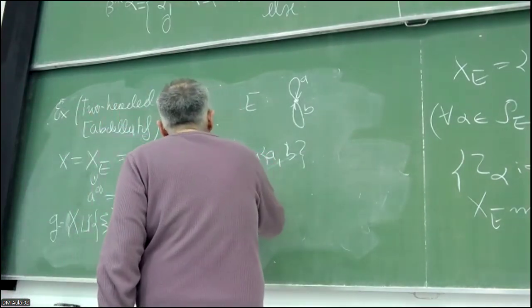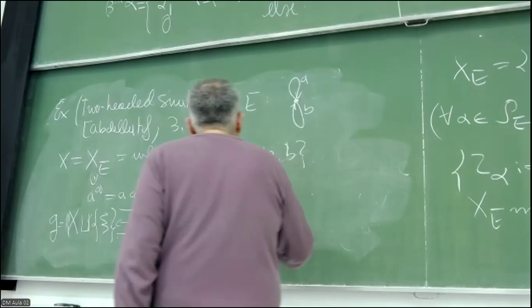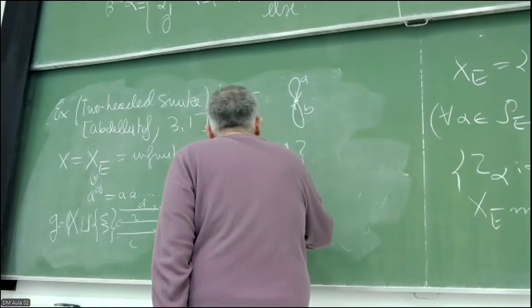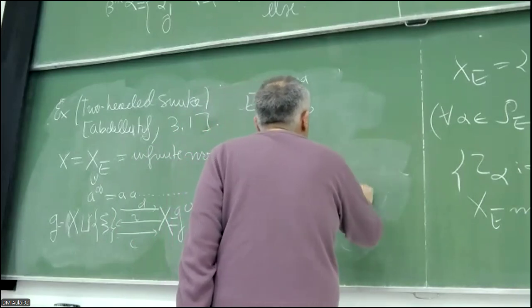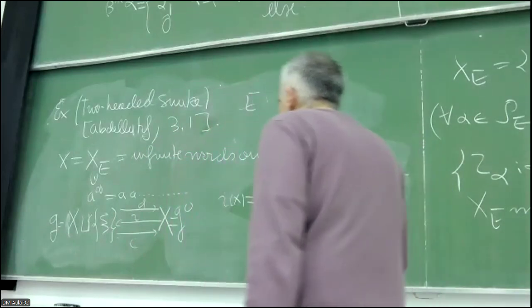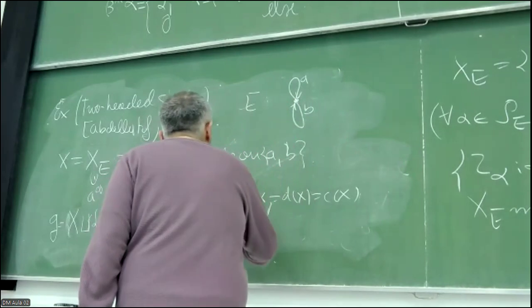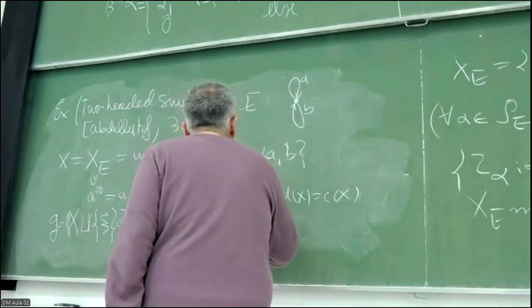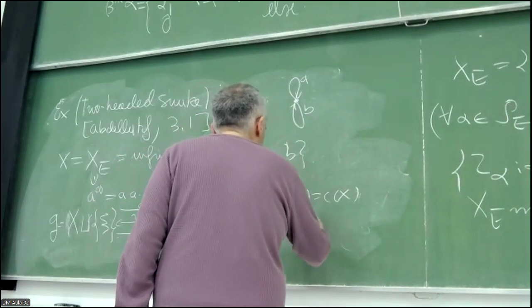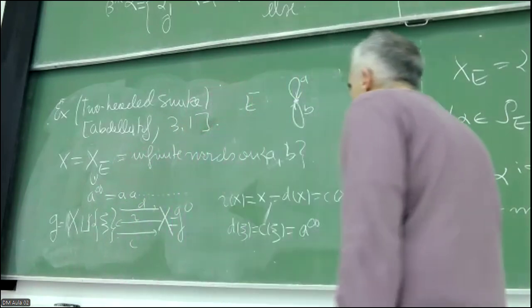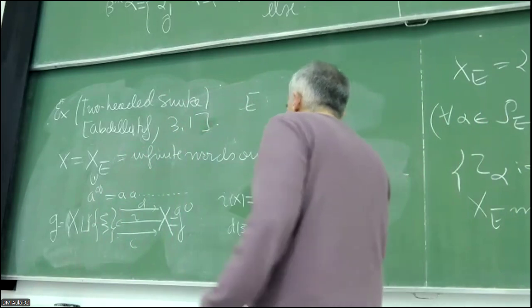The identity of x is just x, which is also the domain and the codomain of x, whereas the domain and the codomain of psi is A infinity.